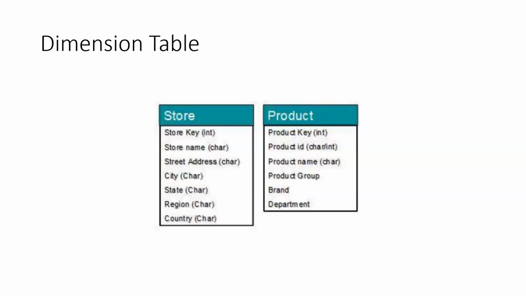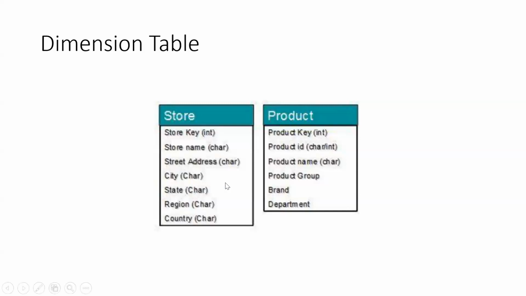So I can introduce a new product in my shopping mall and a new row should be introduced for that new product. So that is why the dimension table volumes are very less compared to the fact table, because fact data is very much transactional data. Daily transactions are getting stored, especially in the fact table.